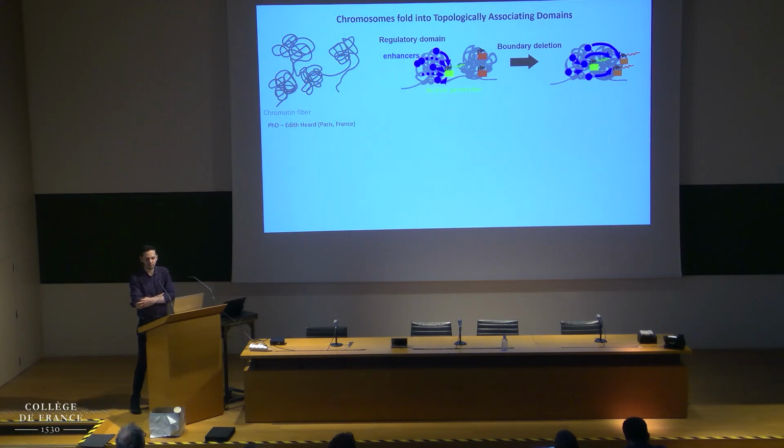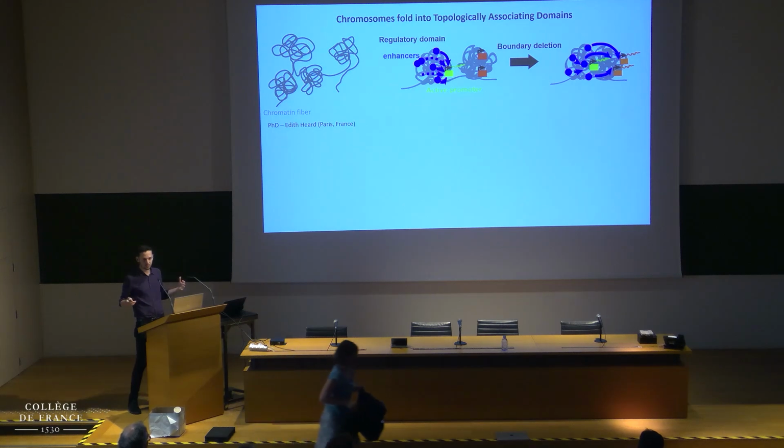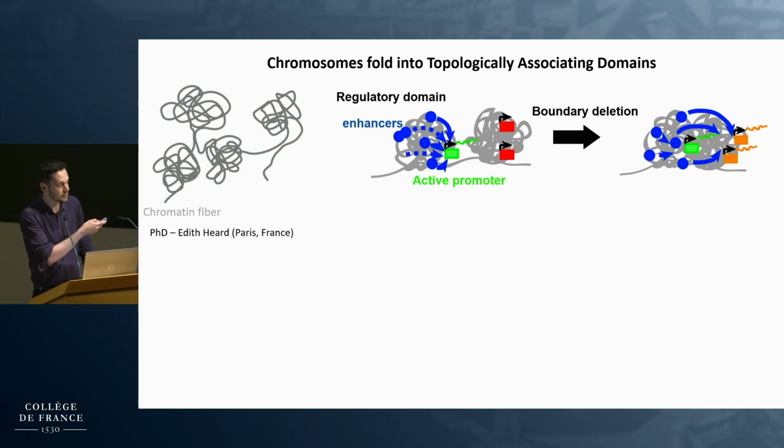This led us to propose a more general principle for transcriptional control, whereby the TAD organization would enable enhancers dispersed across a large genomic neighborhood, here in blue, to target promoters inside the same TAD, while at the same time insulating them from the promoters that are in the next TAD.